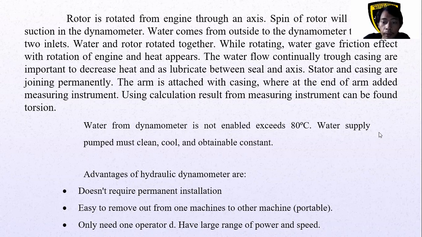Advantages of the hydraulic dynamometer are that it does not require permanent installation and is easy to move from one machine to another, or in other words, it is portable. It only needs one operator, and lastly it has a large range of power and speed.